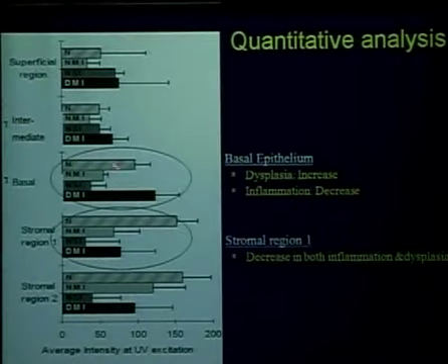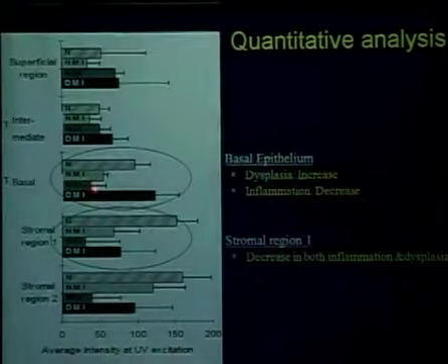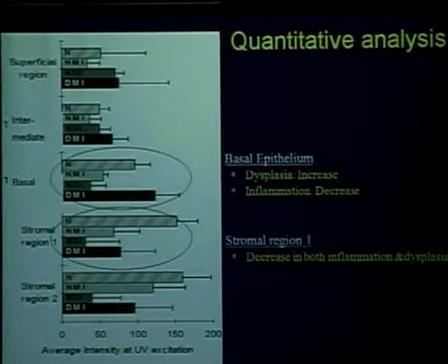And so what you see is that in the basal epithelium, the dysplasias have higher fluorescence than the normals or the inflammation. But when we look in that subepithelial stroma, both the dysplasia and the inflammatory specimens are losing fluorescence there compared to the normal tissue. And that was one of the reasons that we were so interested in looking at the probe that had the depth selectivity, because it could help us separate the signal from the basal epithelium and that subepithelial stroma.